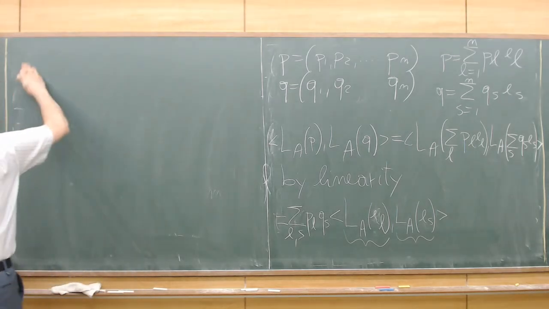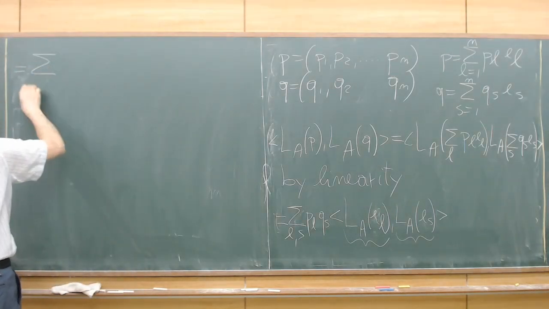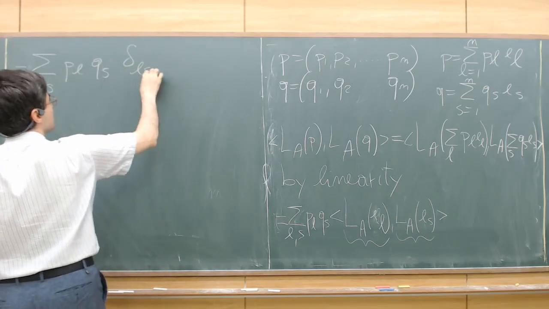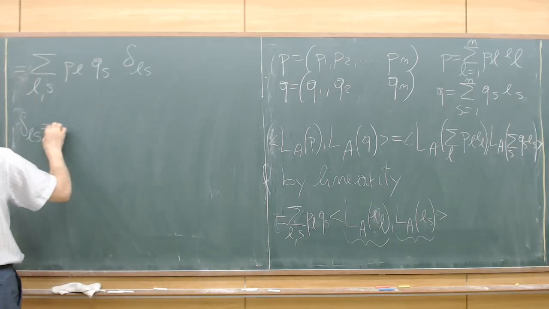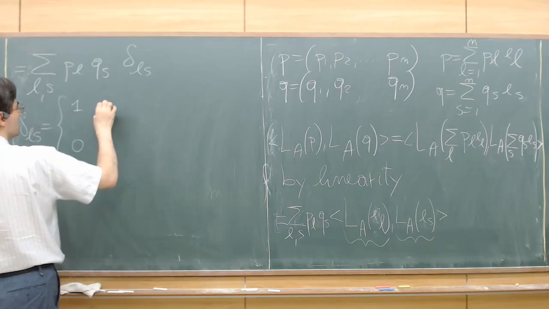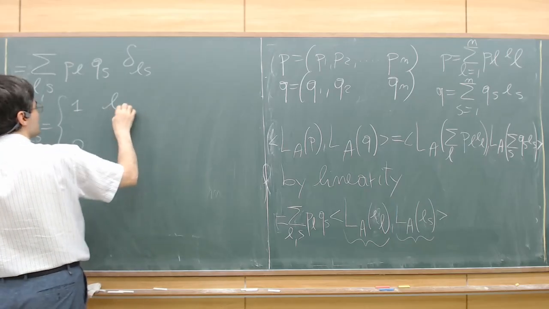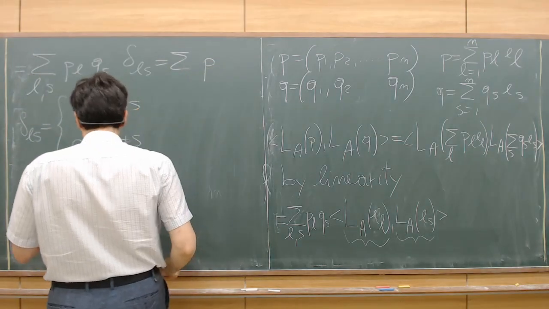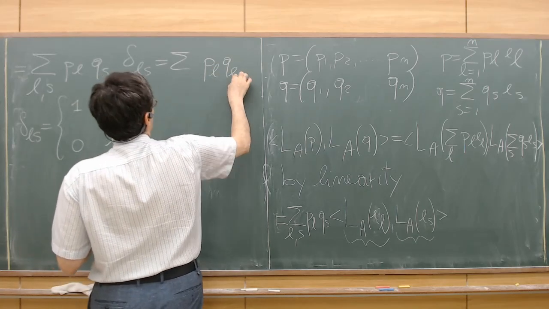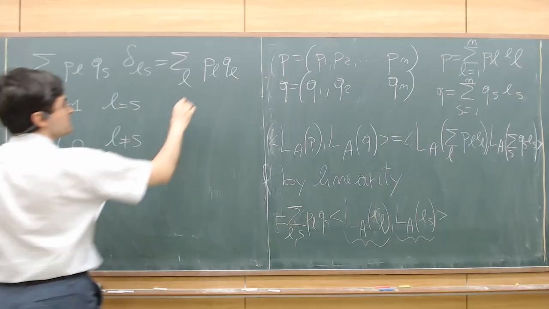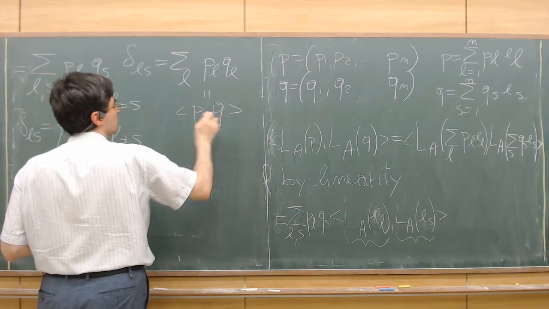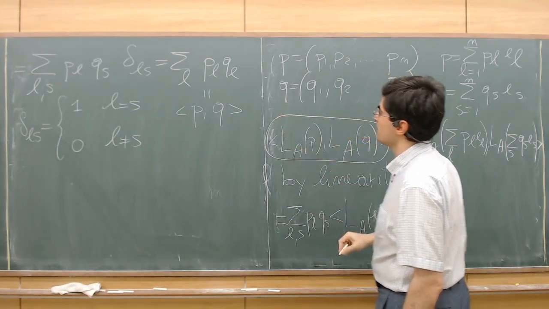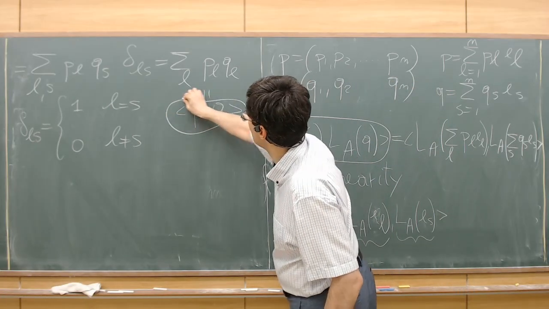So I can write that this sum is the sum on L, S of PL QS delta LS, where delta LS is a symbol which is 1 or 0 according to whether L is equal to S or L is different from S. So this is the sum of PL QL on L, that is the inner product of P and Q. So we proved that this inner product is equal to this inner product, and it is done.